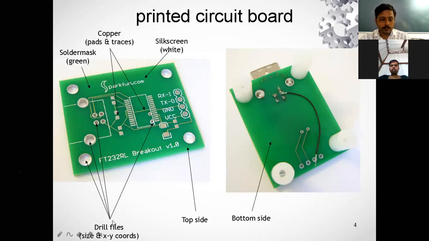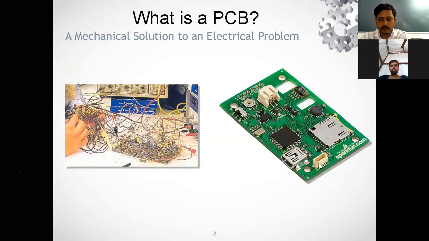Now these are drill holes, you can call them. And why is it needed to drill the holes? Because to install or mount different components. These components are obviously required to be stuck to a particular area of the printed circuit board. Then how are they going to stick?